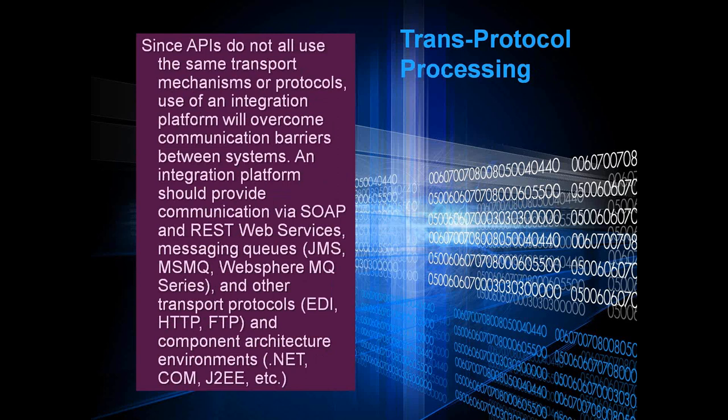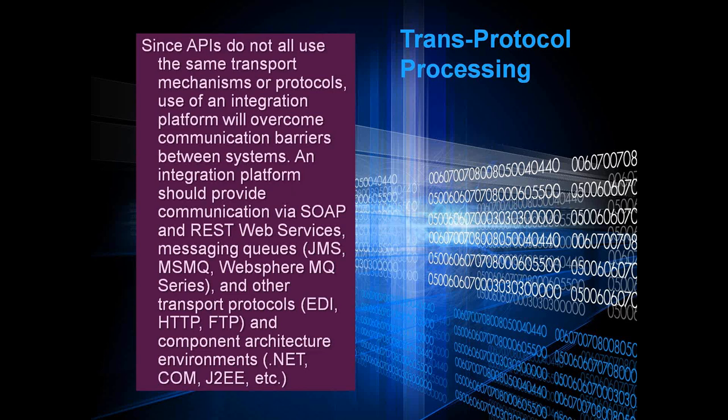The third barrier that we talk about is this need for trans-protocol processing. Because APIs don't have the same transport mechanisms or protocols, you need an integration platform that will overcome the communication barriers between systems. Some systems literally don't have APIs that communicate in the same way. So an integration platform should be able to do things like use SOAP web services or RESTful web services.